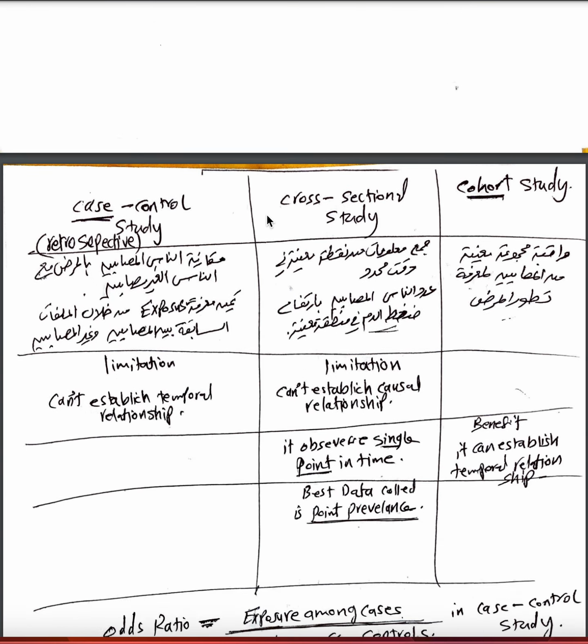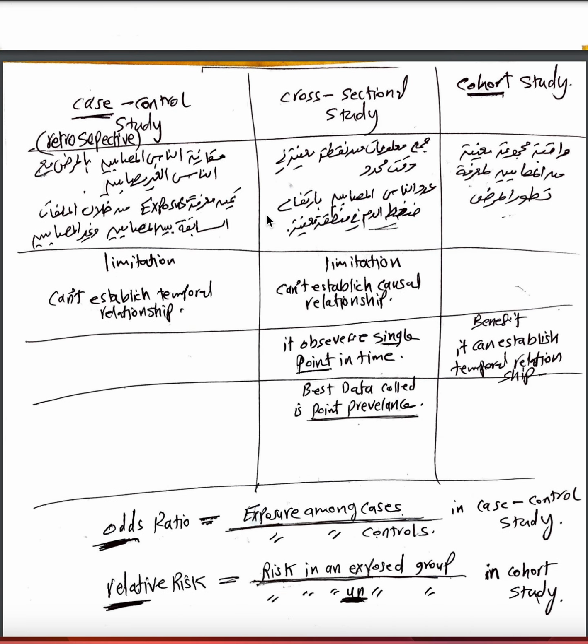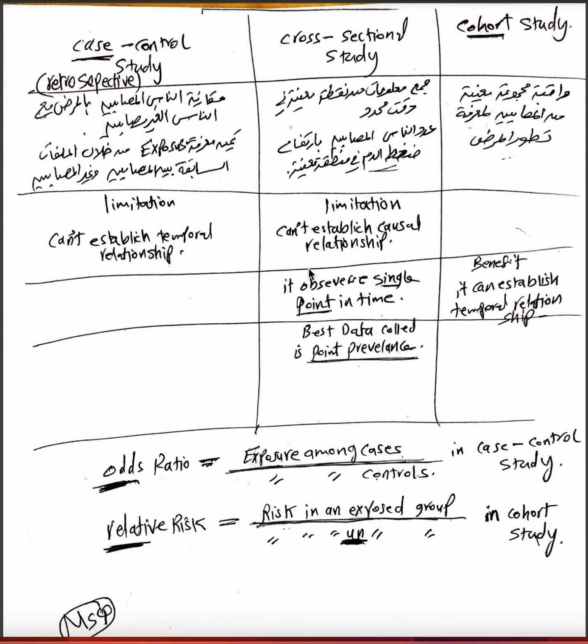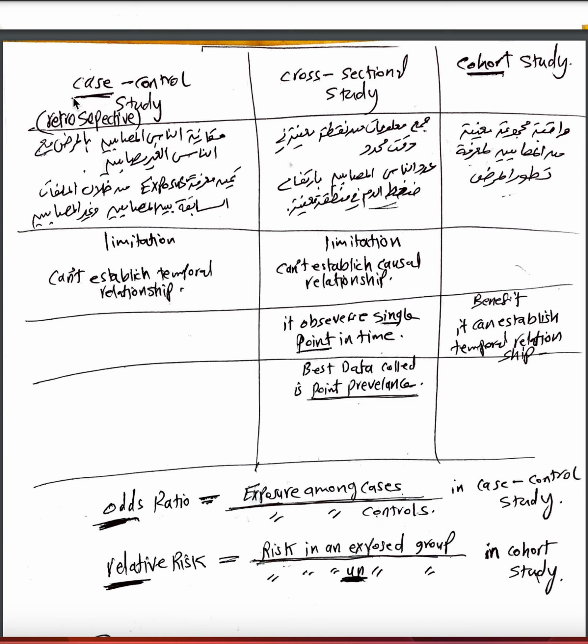As I told you before, I will explain in more detail the difference between the case control study, cross-sectional study, and cohort study. I'm sorry that I'm putting some of these things in Arabic, but it's okay, I will explain everything here. So the case control study, as I said, is retrospective. That means the case control study is observational.